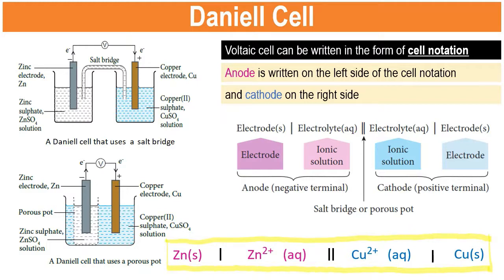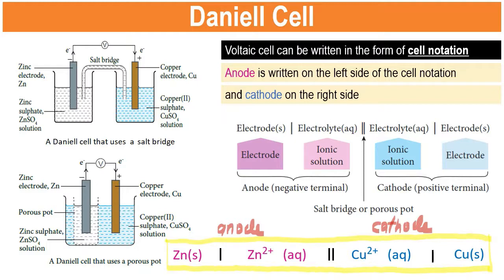Anode is written on the left. This is for the anode. And the cathode is written on the right side of the cell notation. This is the reactant and product of the cathode.